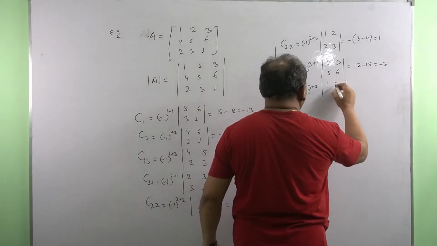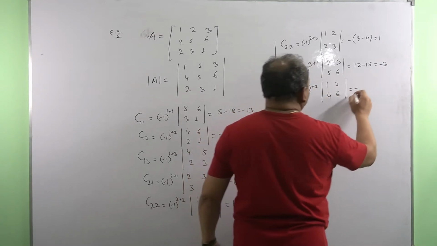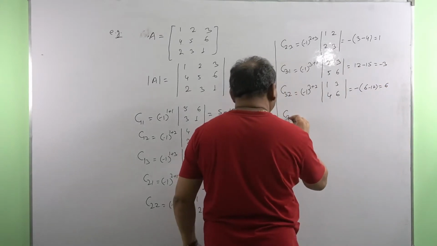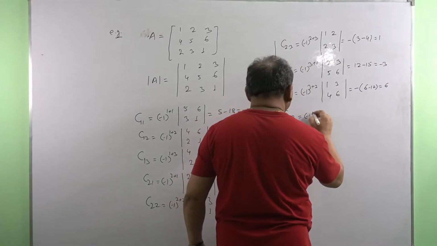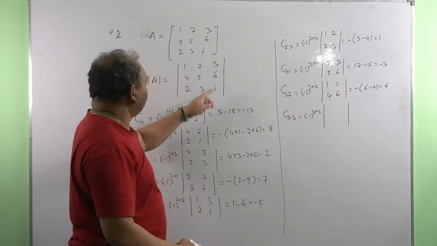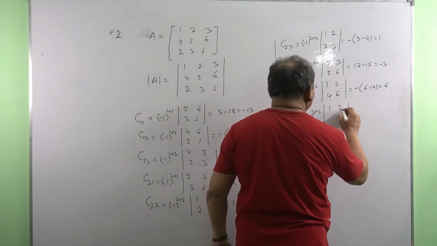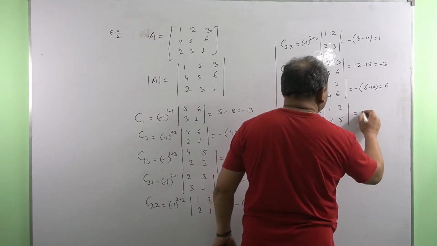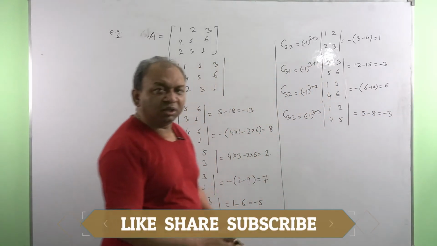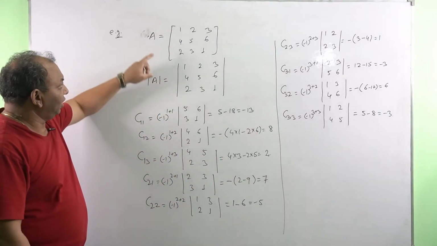Determinant of 1, 3, 4, 6 becomes minus of 6 minus 12, that is plus 6. C33. Minus 1 raised 3 plus 3, hiding third row, third column. 1, 2, 4, 5. Means 5 minus 8, that is minus 3. So these are the cofactor elements of the determinant of the matrix A.